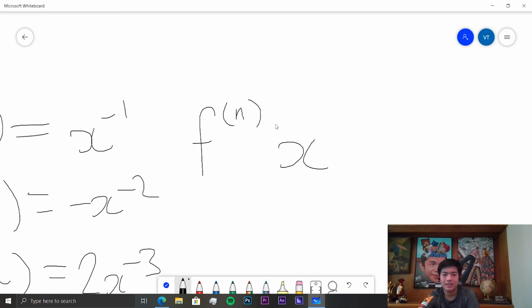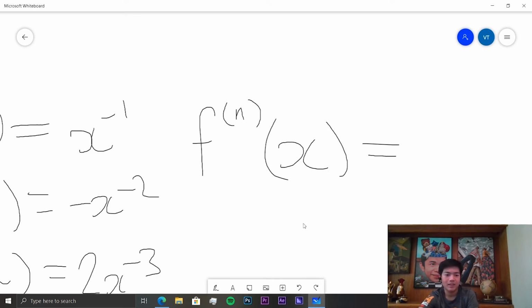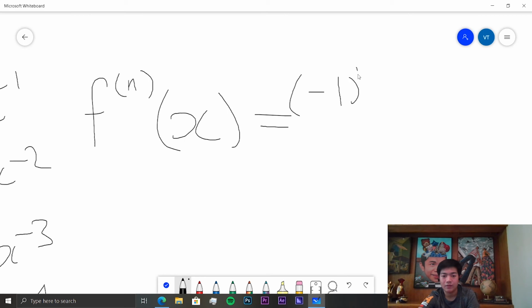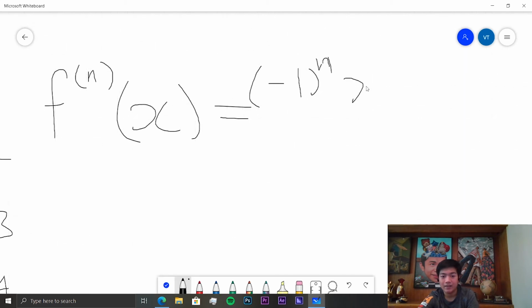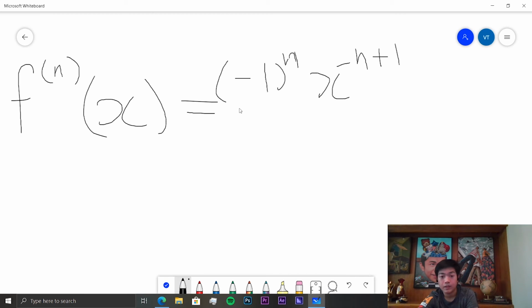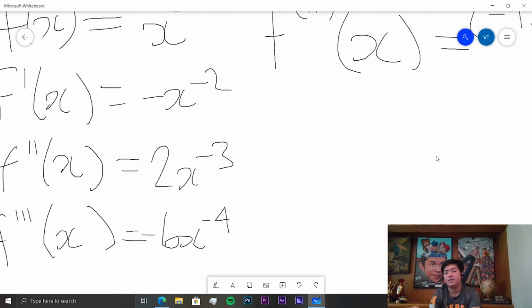So what I would say is that this would probably be equal to -1 to the n, first of all, times x to the -n plus 1, since the third derivative is equal to 6x to the -4 already, all multiplied by n choose... let me just look: 1, 2, 6, what do we know about that?